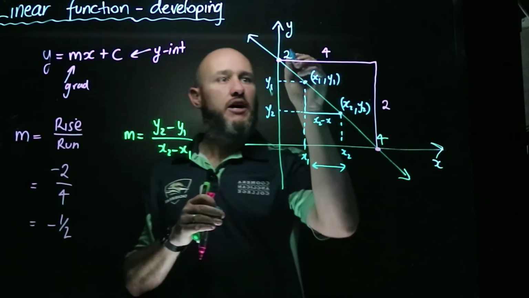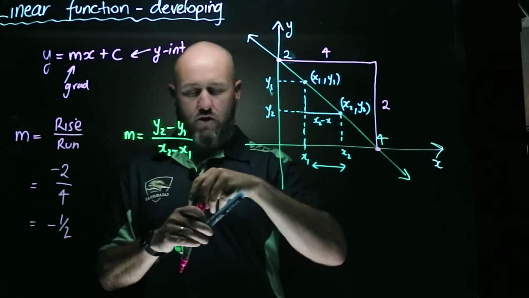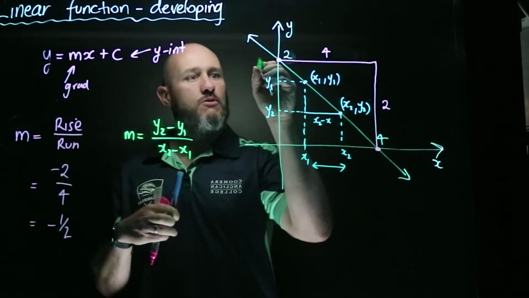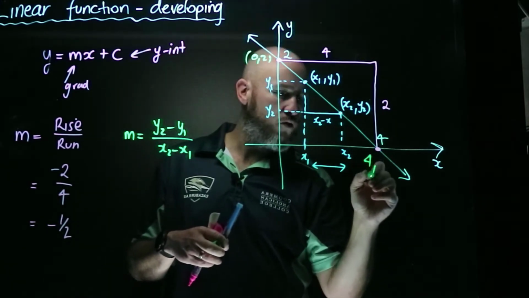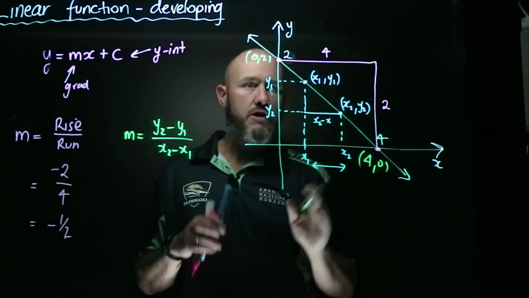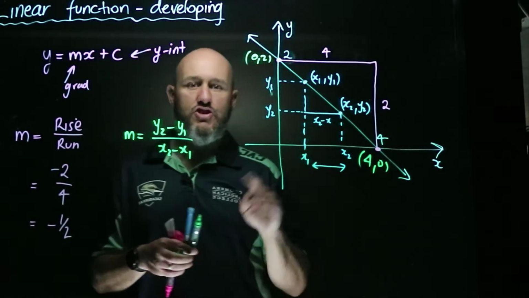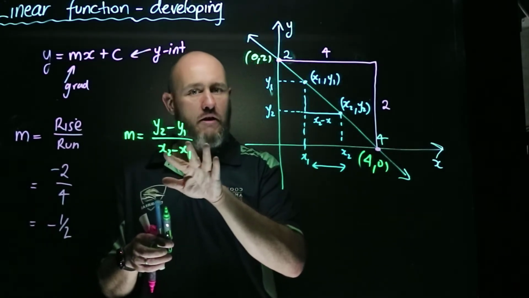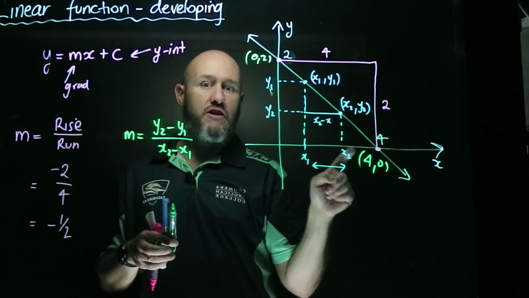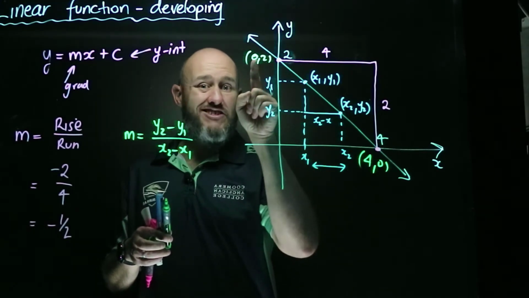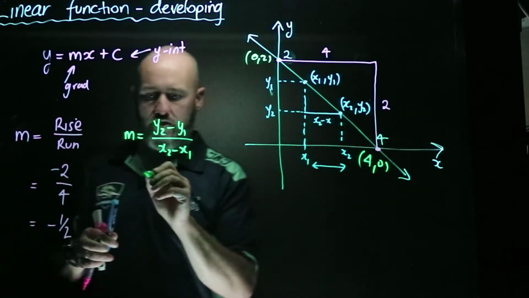That's where it comes from. I'm going to use these two data points, and I'll do this working in green because that's where we started. So we've got this data point here which is 0, 2, and this data point here which is 4, 0. Now it's important that you are consistent with your use of 2 and 1 here. It doesn't actually matter which one I choose as point 1 and point 2, but it does matter that once I've chosen it, that stays point 1 for my y's and x's.